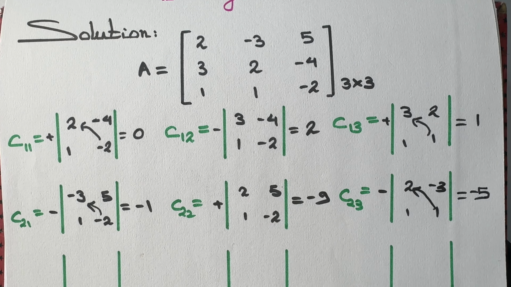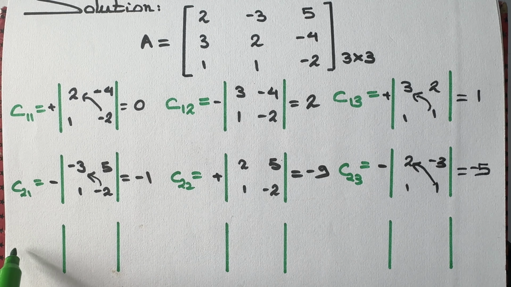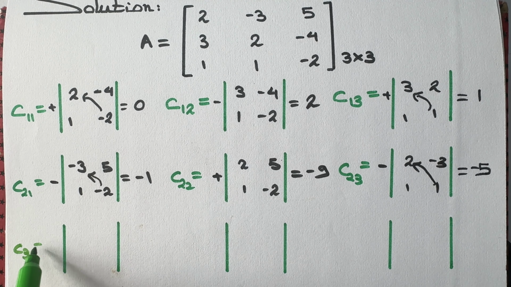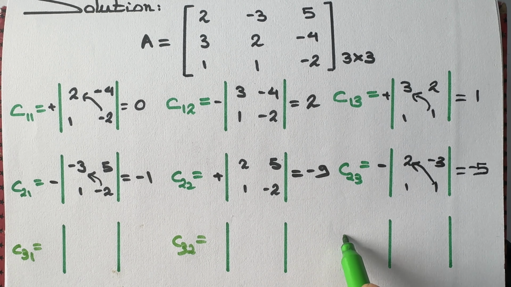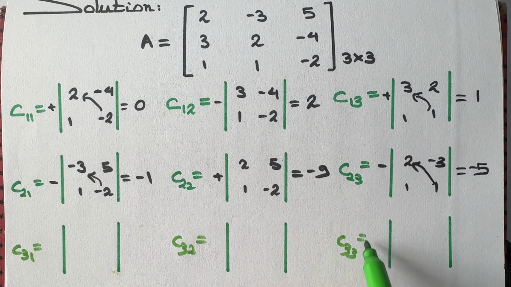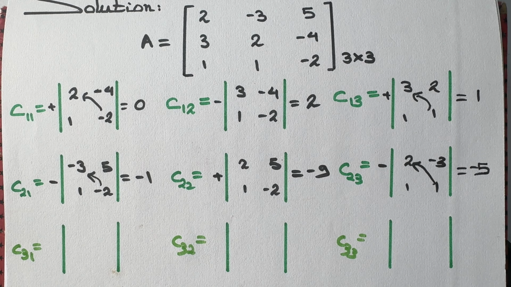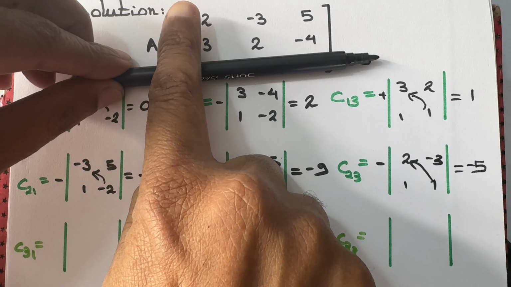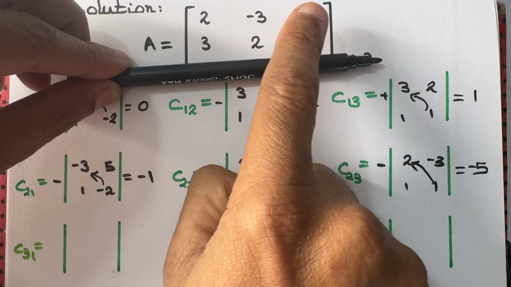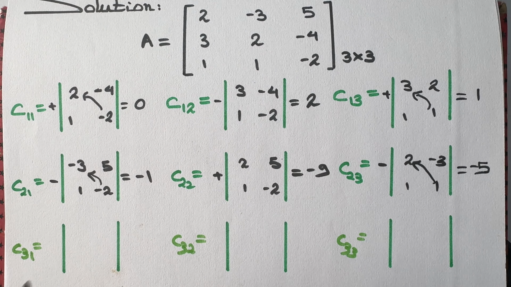Lastly, we compute C31, C32, C33. For C31, we cover the third row and first column. We are left with minus 3, 5, 2, minus 4.